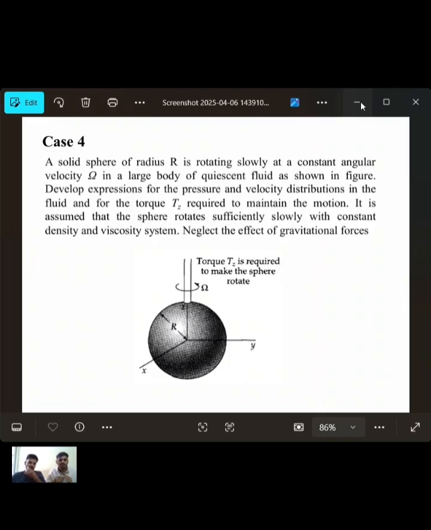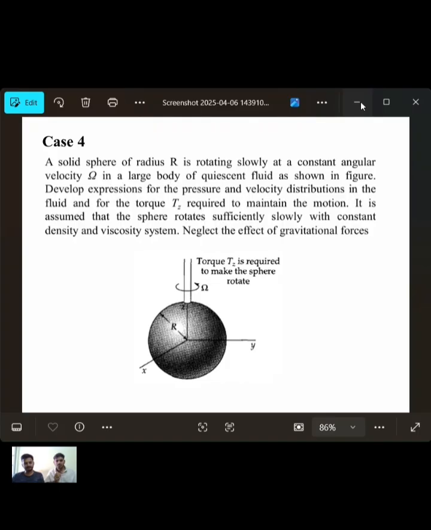Next, step-by-step analysis of our problem. Number one, assumptions and simplifications. First, we will see assumptions and simplifications. Number one, we will assume creeping flow. It means laminar flow with a low Reynolds number. Inertial forces are negligible compared to viscous forces.